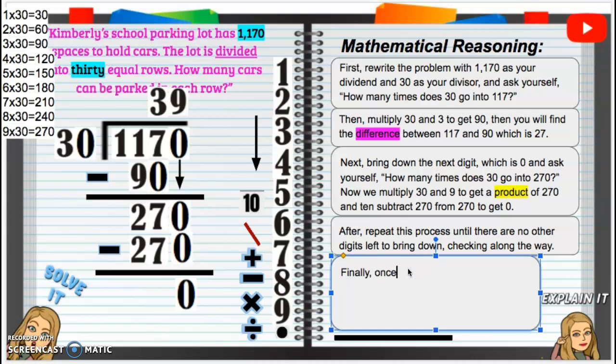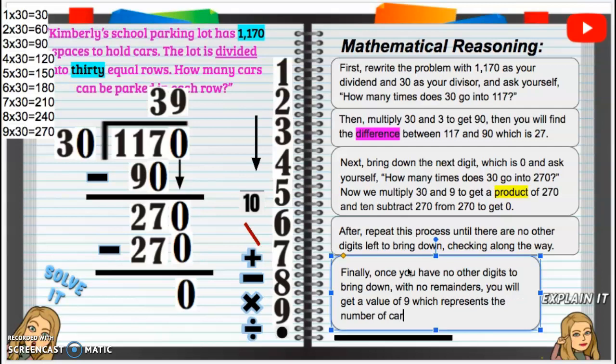So once you have no other digits to bring down with no remainders, you will get a value of 9, which represents the number of cars in each row. I also know that word value is a vocab word, so let's do it in green.